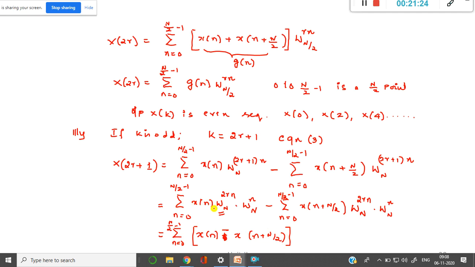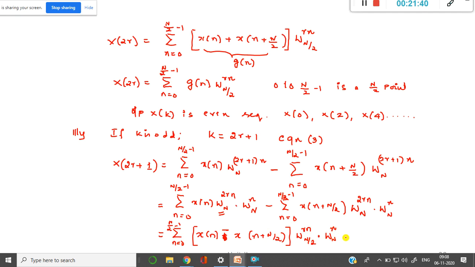Just take out the common factor, that's it. So what we are left with is W_N/2 to the power of rn into W_N to the power of n.